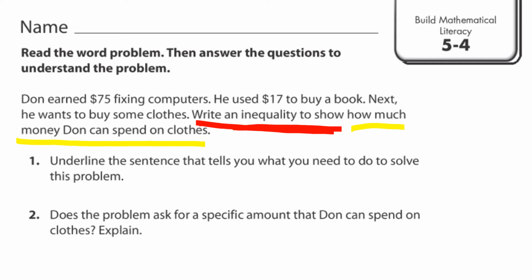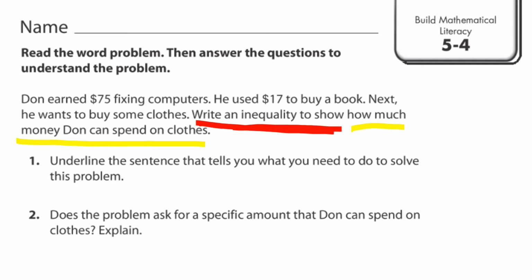Does the problem ask for a specific amount that Don can spend on clothes? Well, yes, a specific amount, but it's not like a $1 amount. Because if we're looking for an inequality, there's going to be a range.